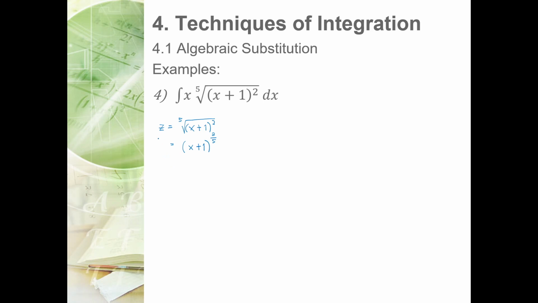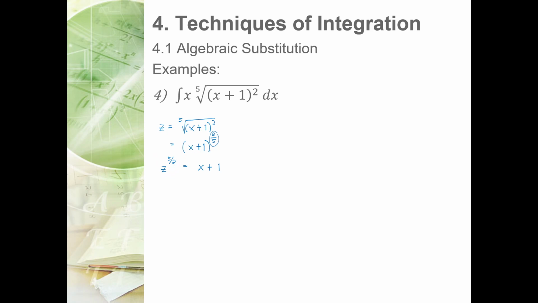So multiplying by 5 halves. We multiply everything by 5 halves to eliminate the 2/5 on the right side. So this becomes z to the 5 halves is equal to x plus 1. So again, to eliminate the exponent here, we need to multiply everything by 5 halves, by the power to power rule.